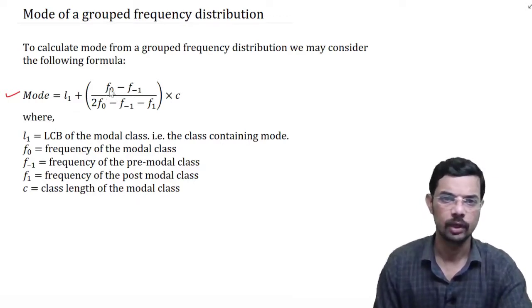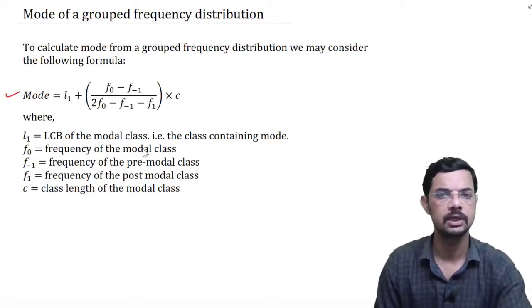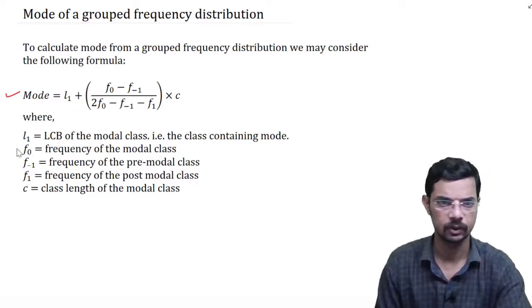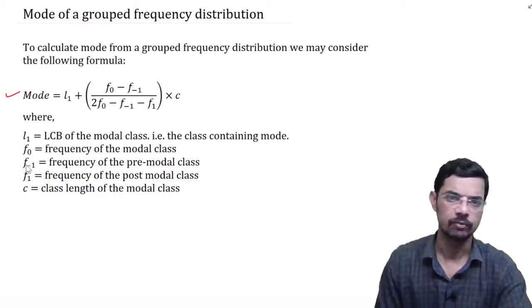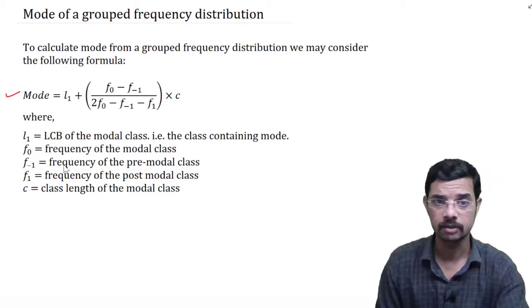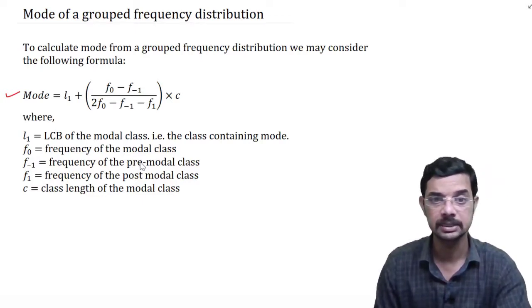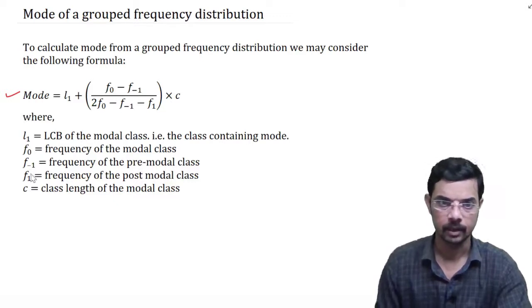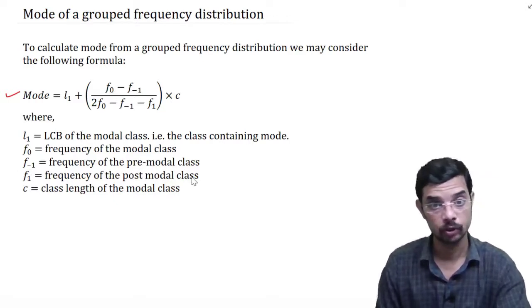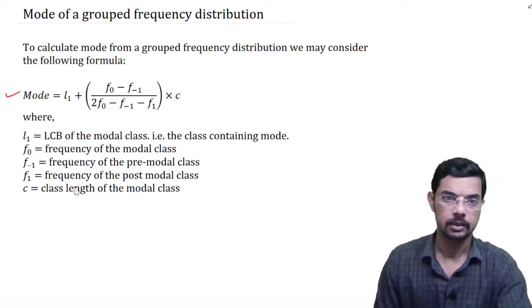What is f0? f0 is the frequency of the modal class. Similarly, f-1 is the frequency of the pre-modal class, the class preceding the modal class. f1 is the frequency of the post-modal class.